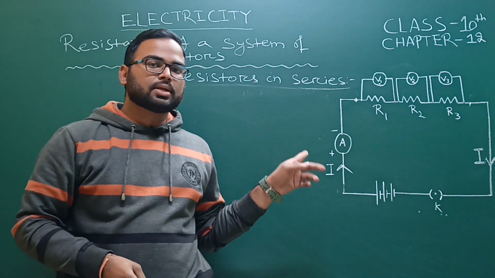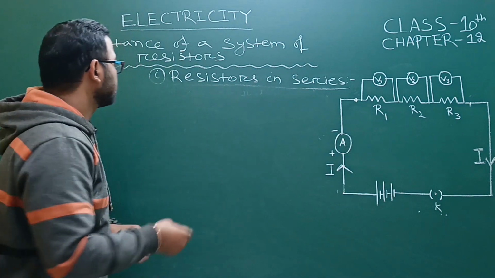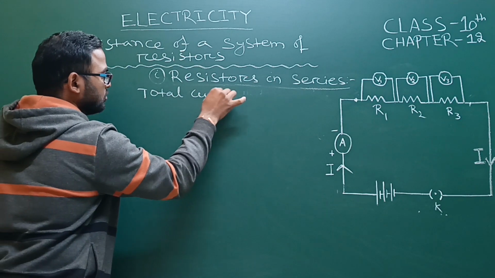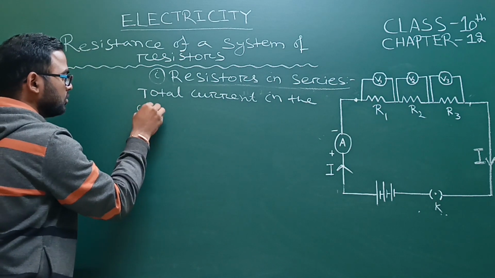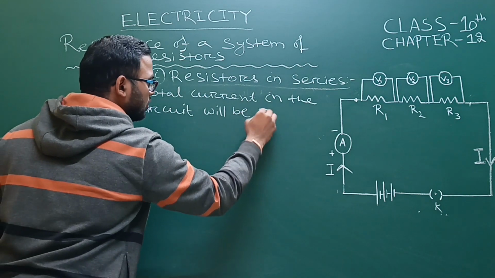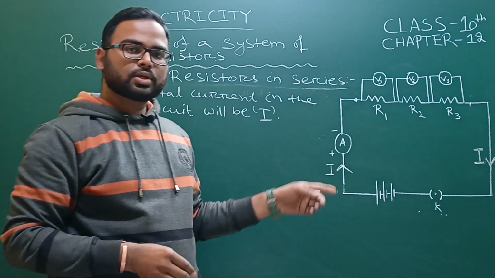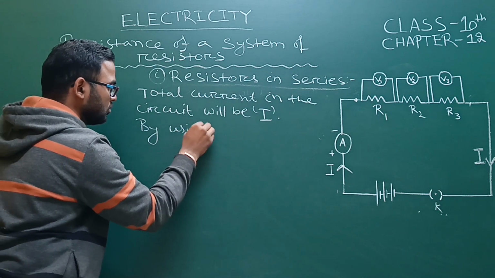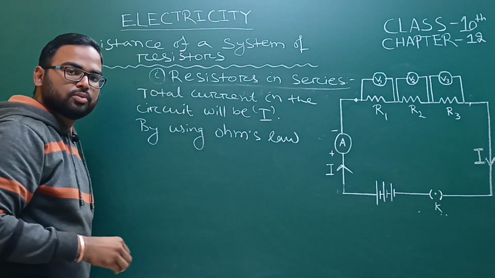If the current in the circuit is the same, meaning each resistor carries I amount of current, then the total current in the circuit will be I. We are flowing I amount of current. So we can use Ohm's law here. What is Ohm's law?